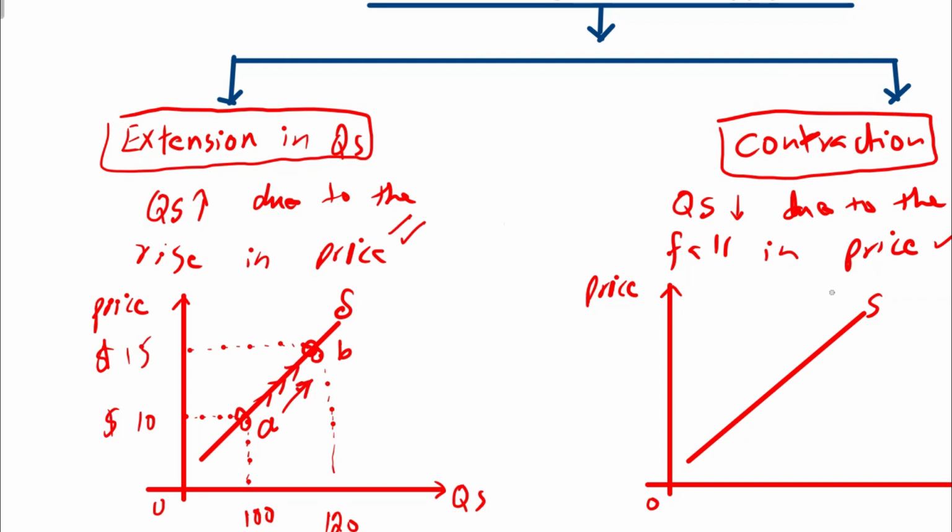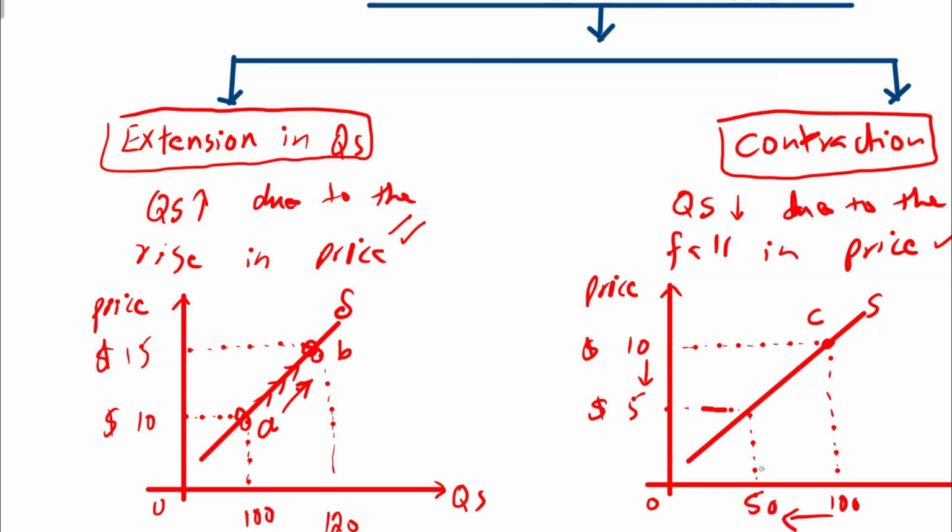Moving to the contraction in quantity supply, contraction occurs when quantity supply falls due to the fall in price. Let's say initially price was $10 and quantity supply was, let's assume, 100 units, and we were operating at point C. So now if price falls to $5, quantity supply contracts to, let's say, 50 units.